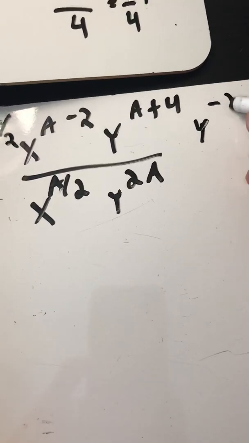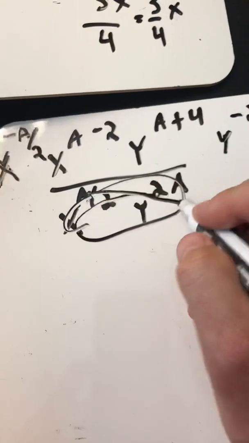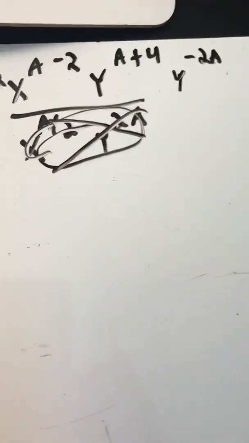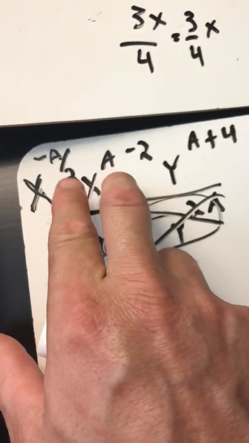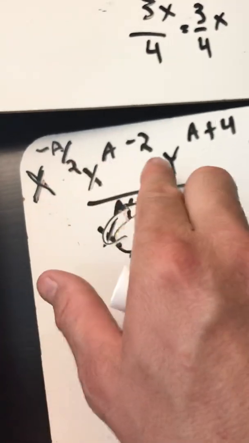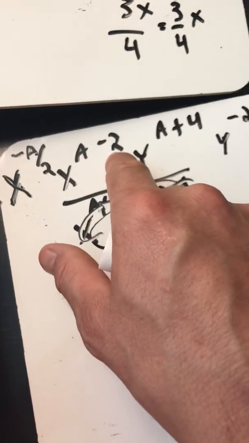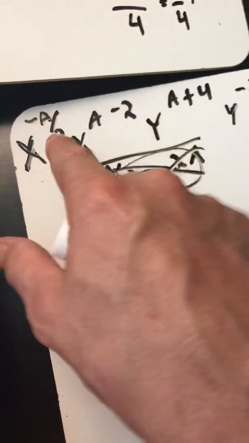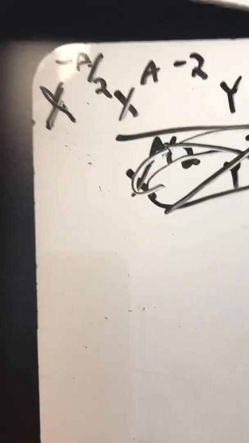It becomes y to the negative 2a. See that? We just took these and we brought them up. So for these base x's, the only thing we can add are the a's. You can't add -2. These are apples, and this is like a banana. You cannot add that -2. That'll just get tagged on to the end, okay?